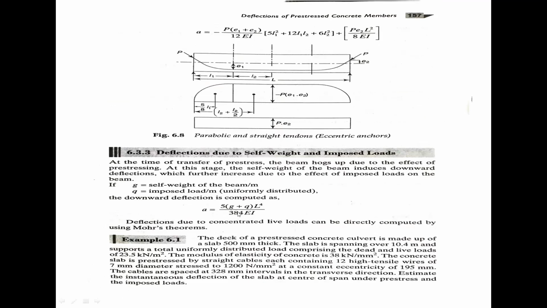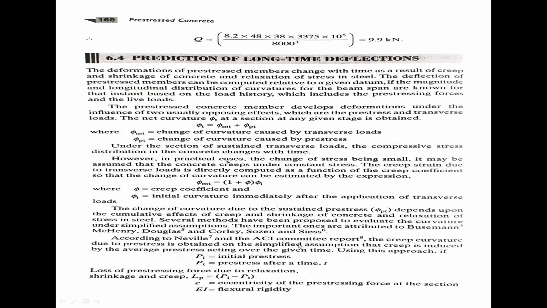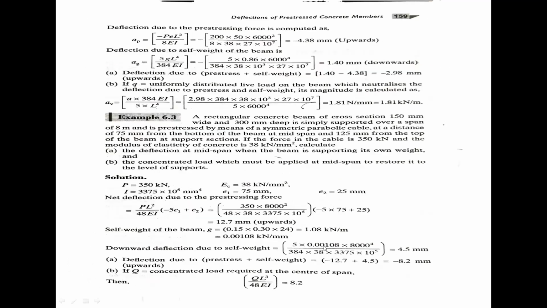Now calculate this deflection: 5 into 0.00108 into 8000 to the power 4 divided by 384 into 38 into 3375 into 10 to the power 5. Finally, 4.5 mm positive.